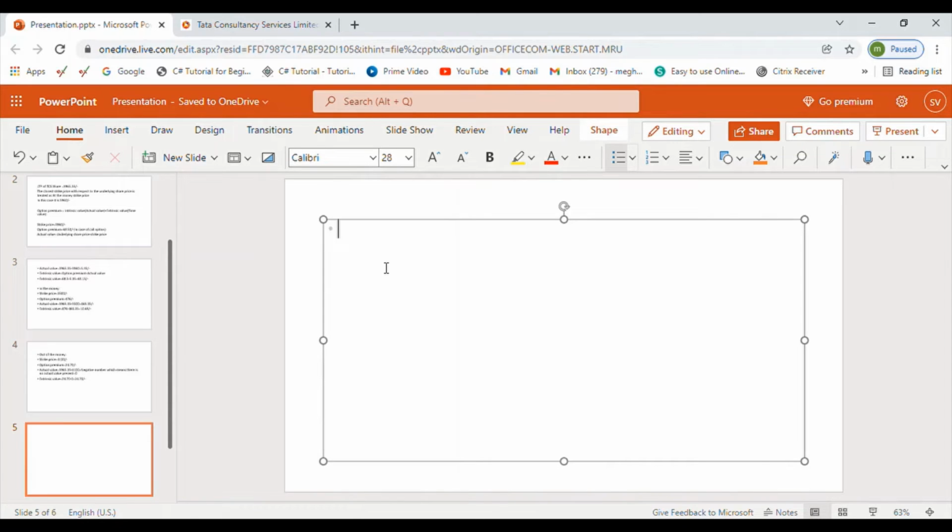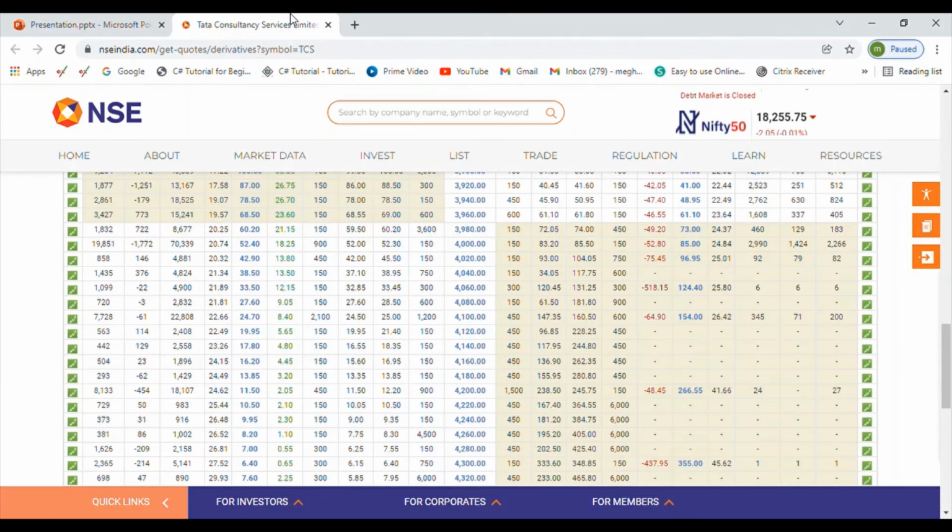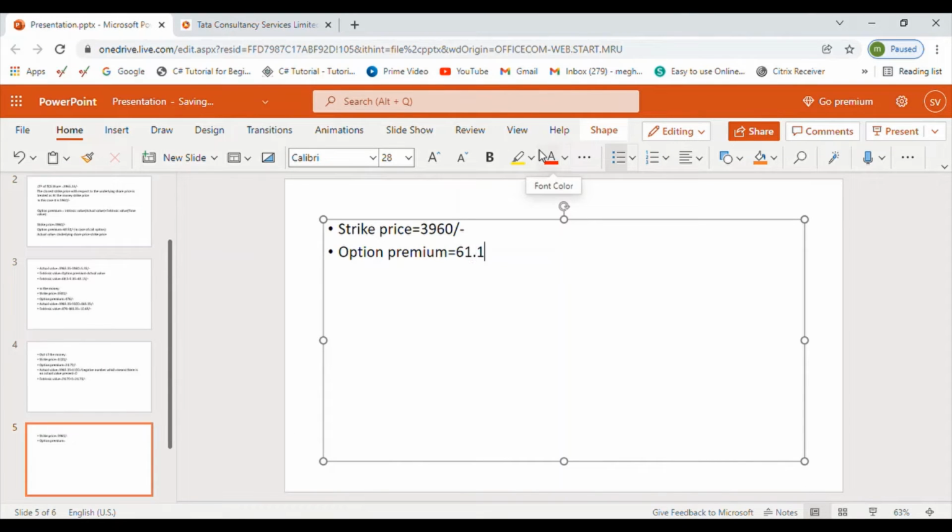Let us go with the same example, TCS. We take the same at the money strike price, which is 3,960, and the option premium in case of calls is 68.50, but we are talking about puts, so we take the premium of 61 rupees 10 paise.